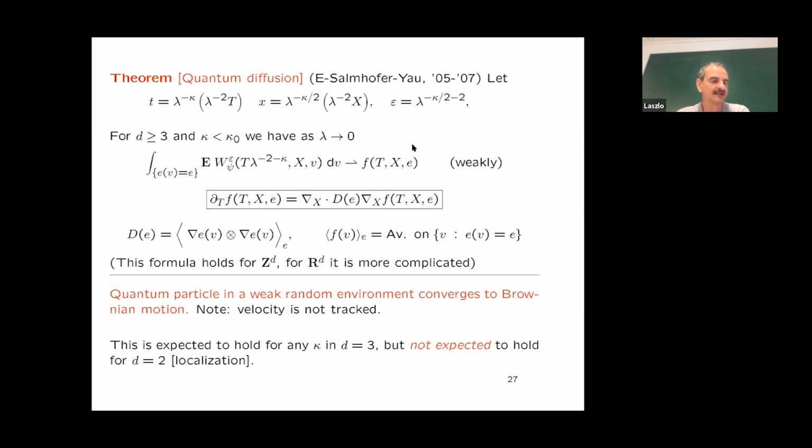Our paper actually just proved it for d bigger or equal than 3, but that's technical. One could do it for d equal 2 as well. But what is important is that you don't expect the same thing happening for d equal 2 for arbitrarily long time, because one expects localization on an exponentially large time scale for d equal 2.